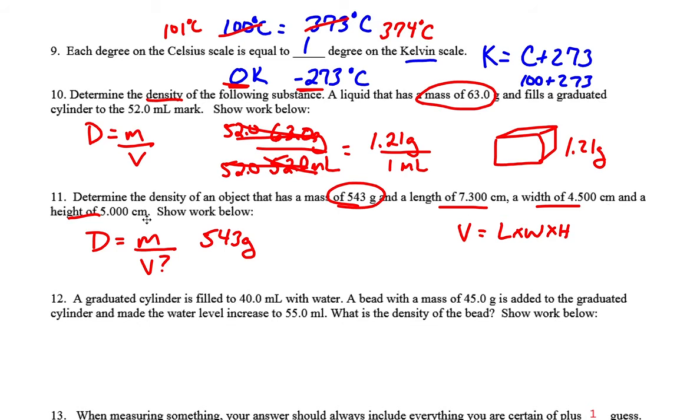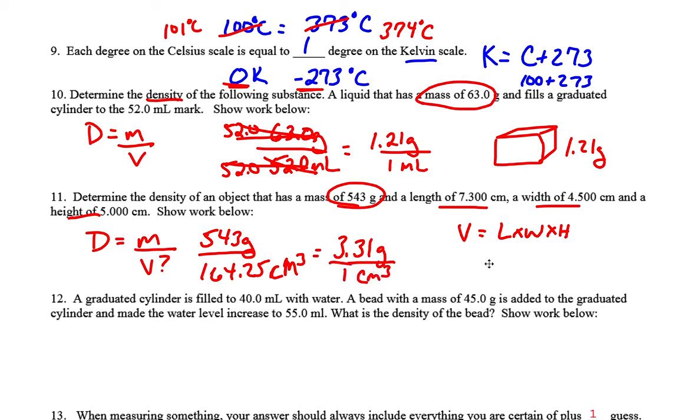So you just take these three numbers, multiply them together, and the volume there is going to be 164.25 centimeters cubed. Divide the two, divide this by this, and you end up with 3.31 grams per cubic centimeter.